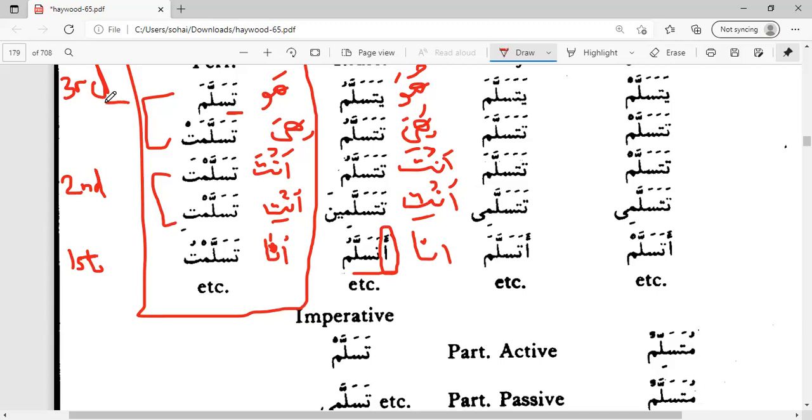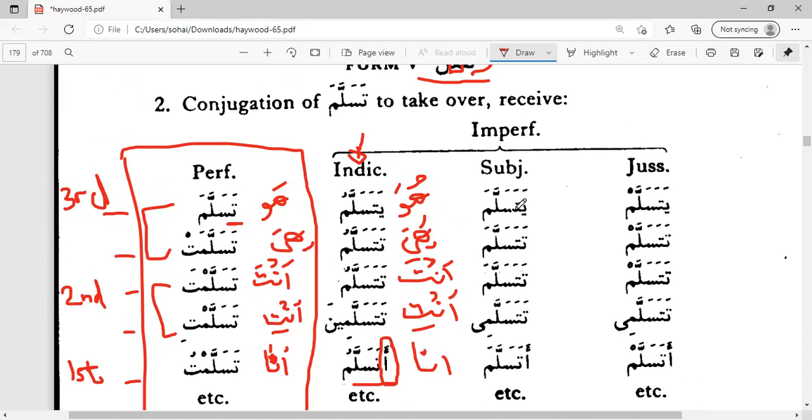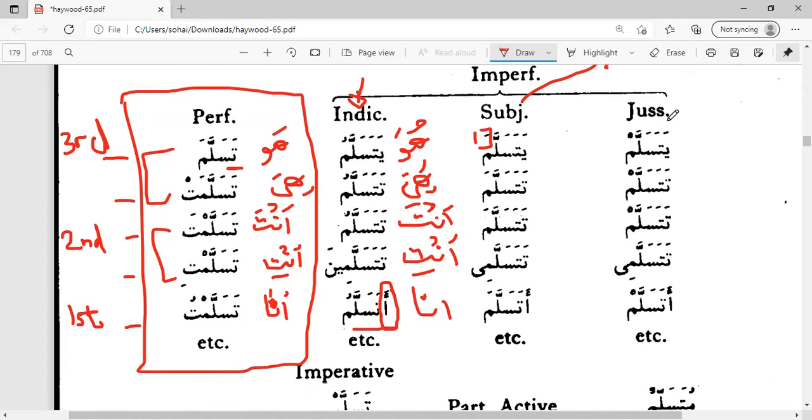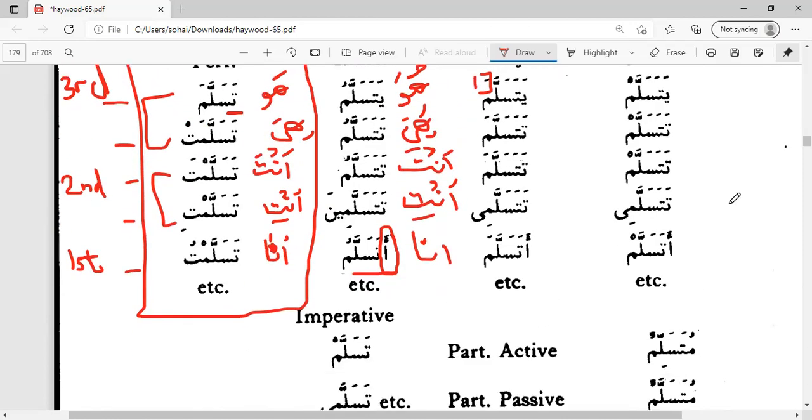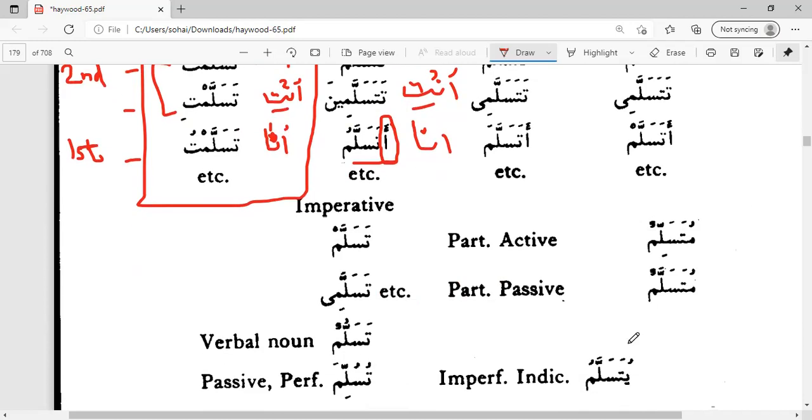So this is huwa, this is hiya, this is anta, this is anti, this is ana. And here it just gives you the subjunctive, when there's a particle like an before. The only difference is the last letter will then take a fatha. Or when it's majzoom, lam yatasallam, it becomes sukoon. That's all it is. I think this makes sense to you both. If it doesn't, do let me know.